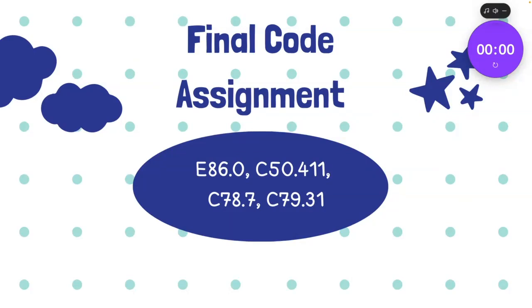The table says primary malignancy. The primary malignancy was the breast cancer, which was C50.411, and then the other two were secondary, and so those would be listed in the last position.